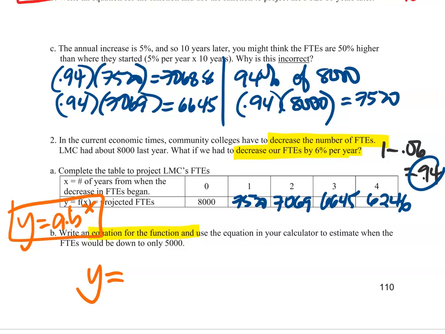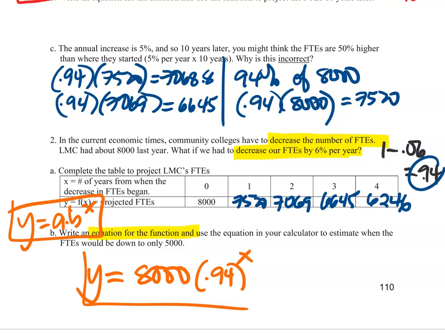At the beginning, the initial enrollment was 8,000. And then our b, since there is a decrease of 6% per year, is the same thing as 94%. So that is 0.94 raised to x. So this is our equation.